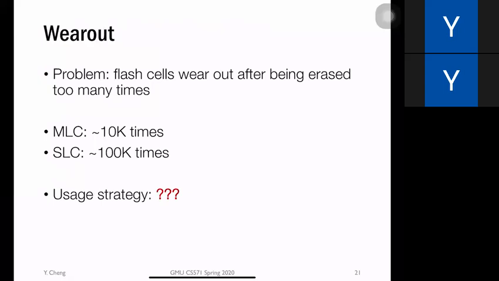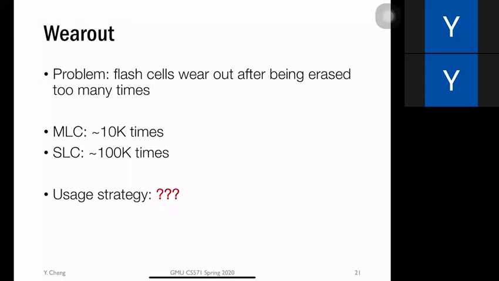Since we've talked about robustness or resilience to errors, one fundamental issue faced by this kind of electronic flash-based solid-state drive device is that these flash cells, no matter whether single-level cells or multi-level cells, could be worn out after being erased too many times. Recall that flash devices do not support overwrite.